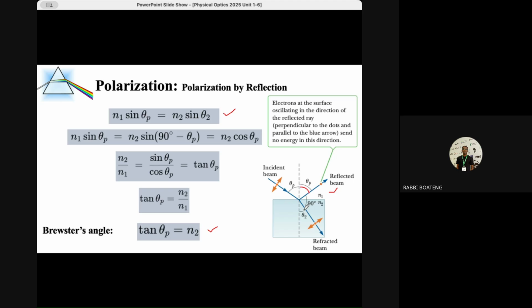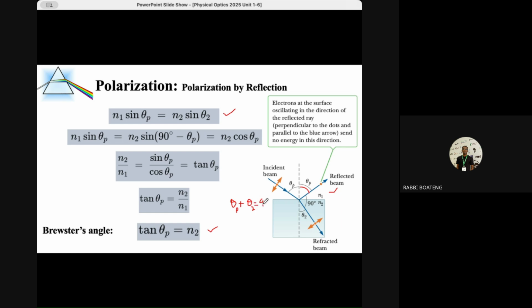That is, anytime we add theta p plus the refracted angle, we should be getting 90.